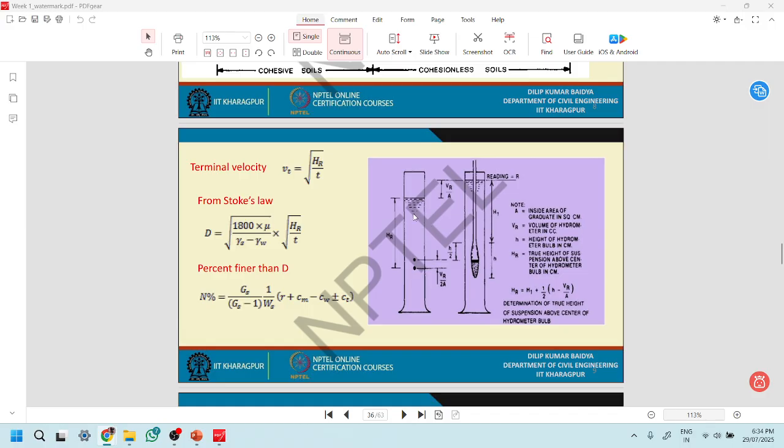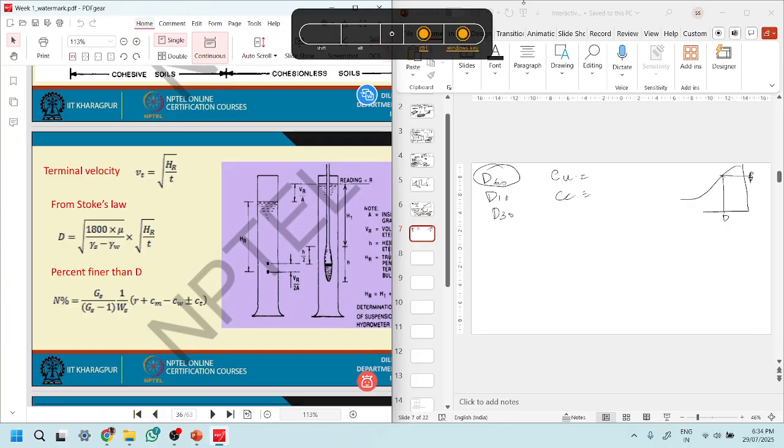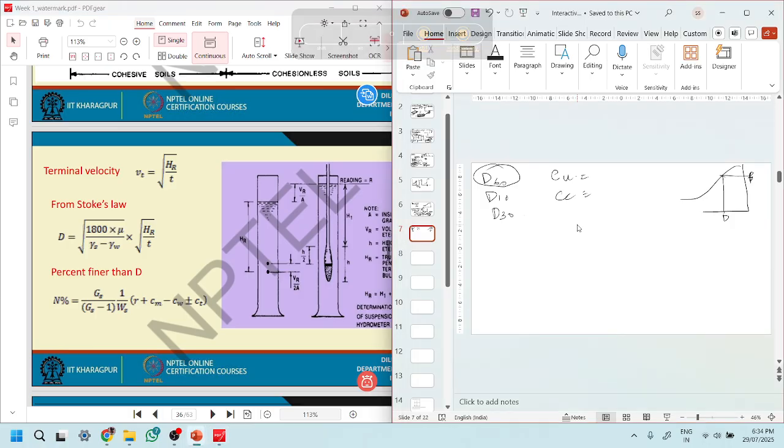So what we do is we say let the particle be spherical. Second thing is we say that all particles have the same specific gravity.